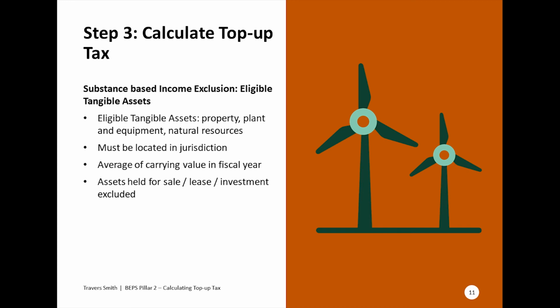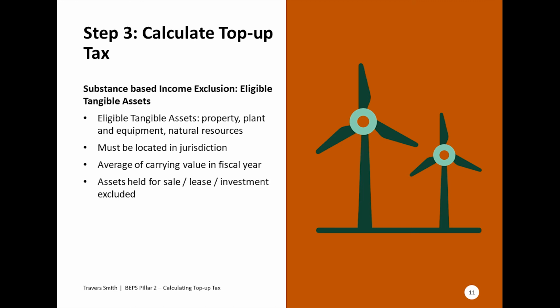So this might be something like a license allowing an entity to operate a toll road or a license to extract natural resources and so on. The assets have to be located in the jurisdiction in question. And again, this gives rise to issues with mobile assets, and particular problems with shipping containers and aircraft. Again, it's hoped that this would be addressed in the implementation framework.